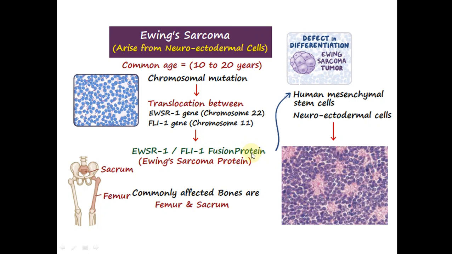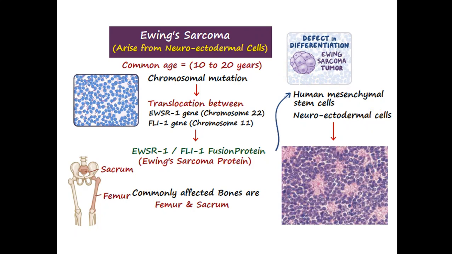This fusion protein is also known as the Ewing sarcoma protein. Now, what will happen is that this Ewing sarcoma protein will cause defects in the differentiation of the human mesenchymal stem cells and neuroectodermal cells.